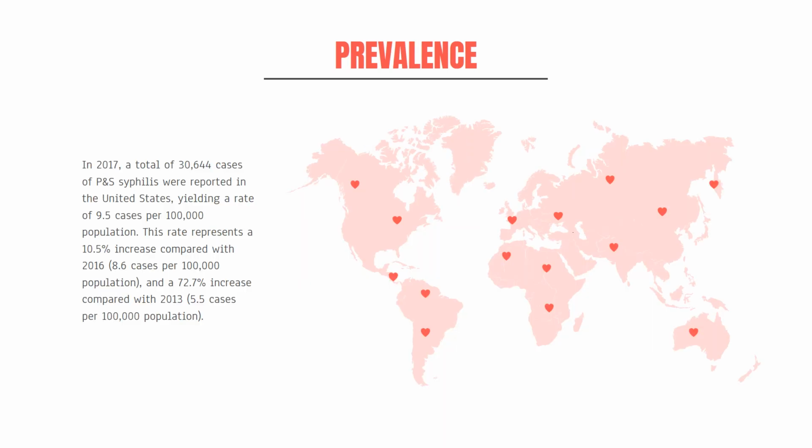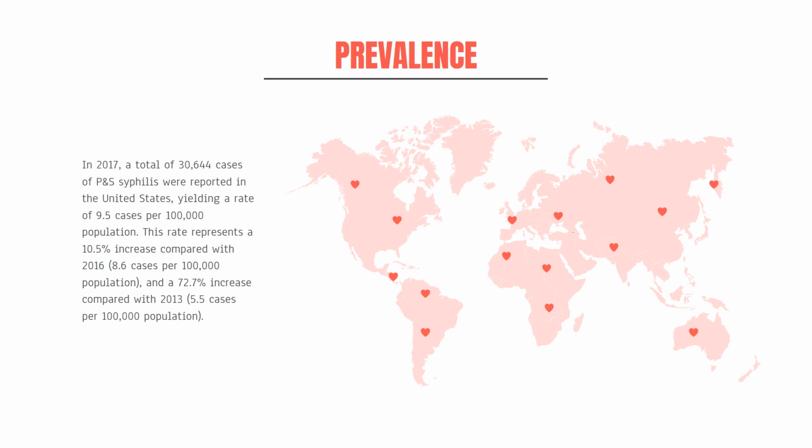Then prevalence. What is the prevalence rate of syphilis? In 2017, a total number of 30,644 cases of syphilis were reported in the US only, and the yielding rate is 9.5 cases per 1 lakh population. This rate represents a 10.5% increase compared with 2016.